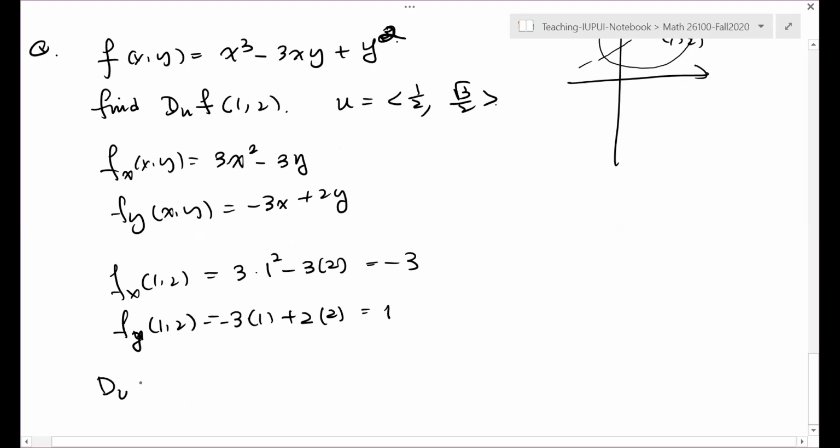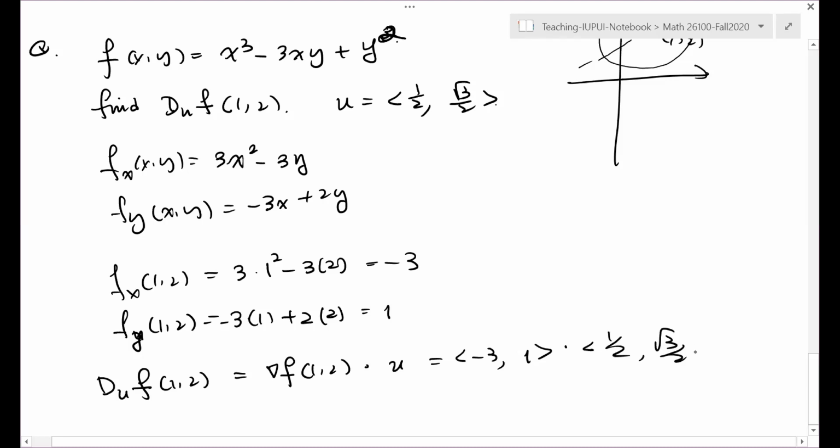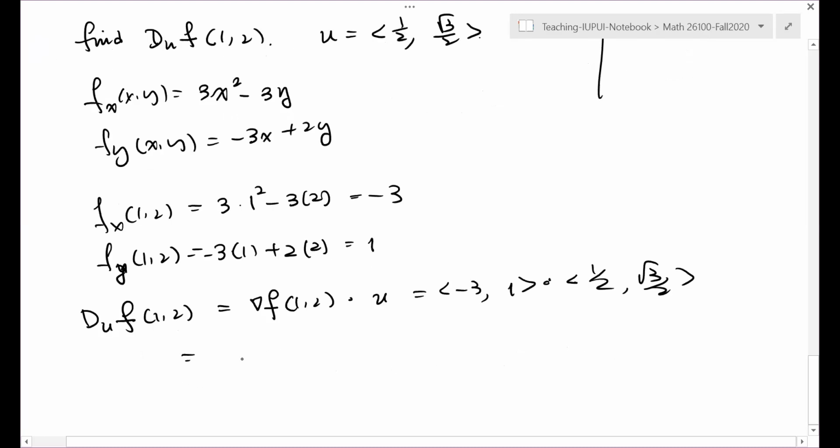So the directional derivative in that direction is going to be the gradient at (1, 2) dotted with u. The gradient's first component is negative 3, the second component is 1, and u is 1/2 and square root of 3 over 2. That's the dot product: negative 3/2 plus square root of 3 over 2. You cannot simplify further, so just express it in that form.